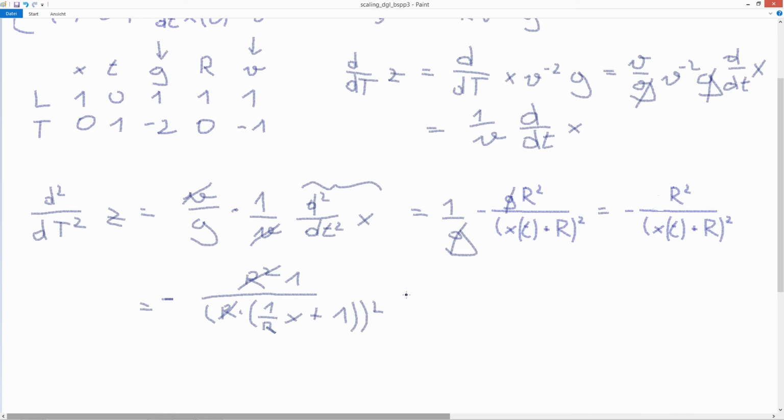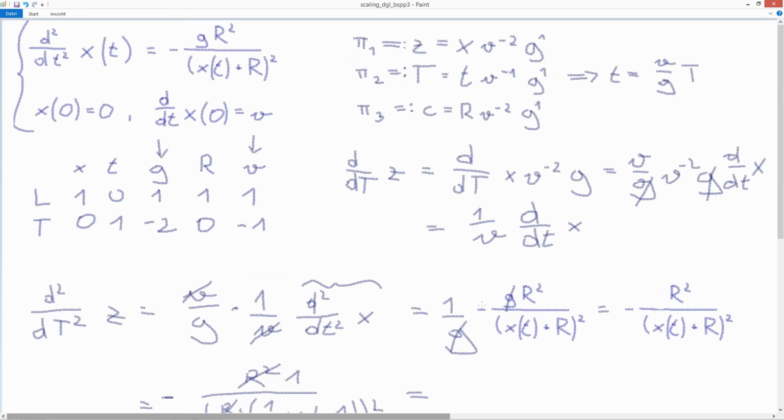Okay. And now in the end we also have to replace this x here. So for replacing this x we use this relation again. So x is equal to z v squared g to the power of -1.